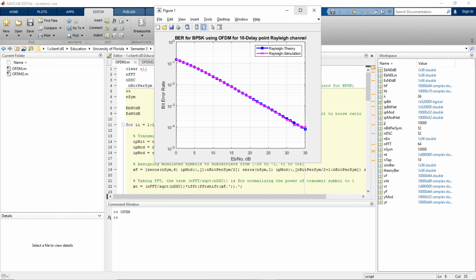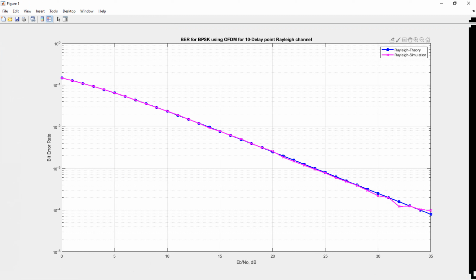So here is the result for the multipath channel. As you can see, the simulated values as well as the theoretical values do match to a good extent. Obviously we do have a few points that don't fit the line for that instance.